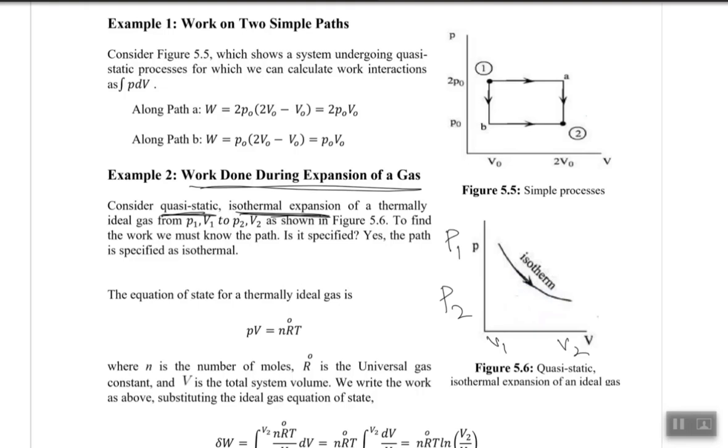So let's do it with the equation of the thermal ideal gas, which is PV is equal to nRT.